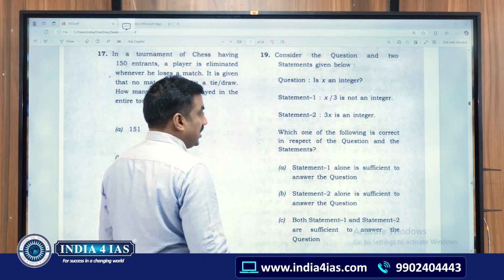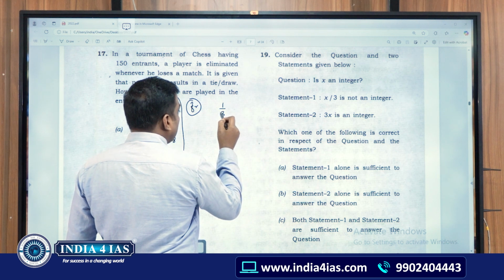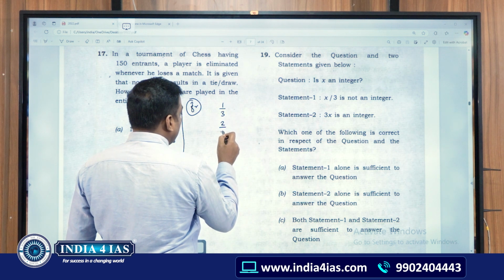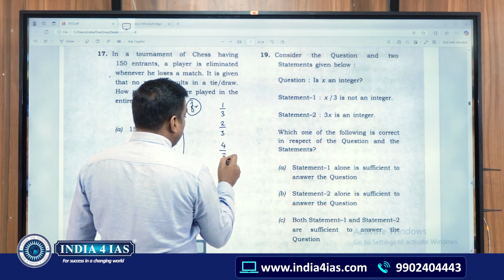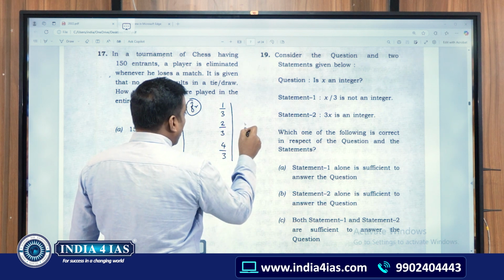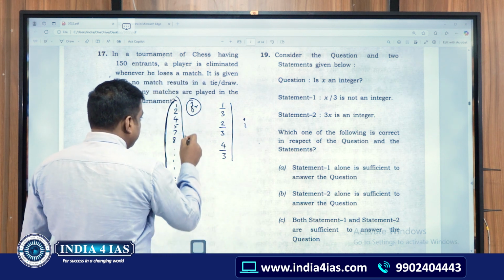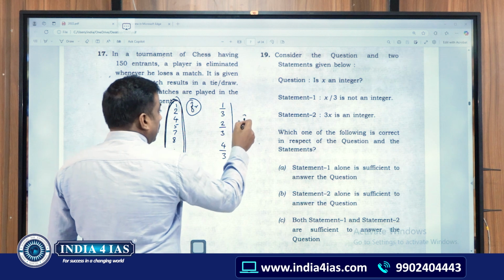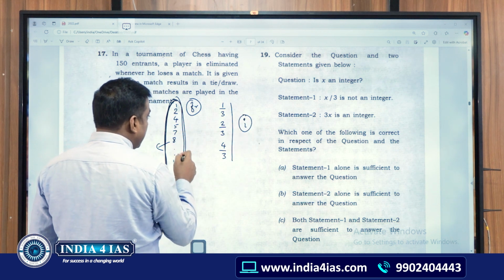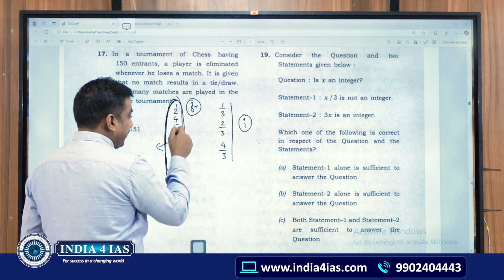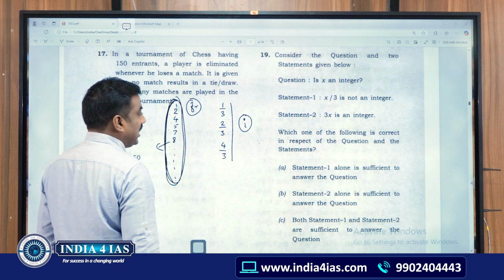In this case, this will be an integer only when x is 1 by 2, 1 by 3, 2 by 3, then 4 by 3, and also when all integers. In this case, it has to be an integer, except multiples of 3, like 3, 6, 9.